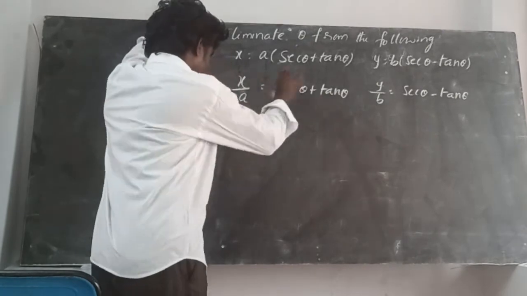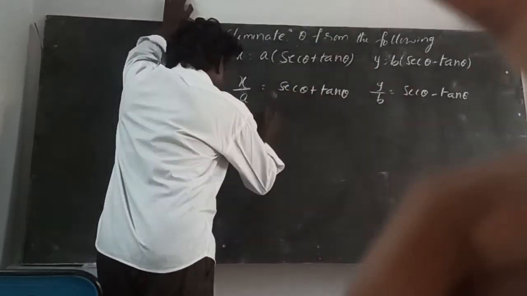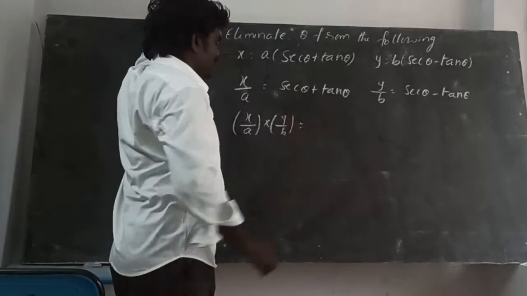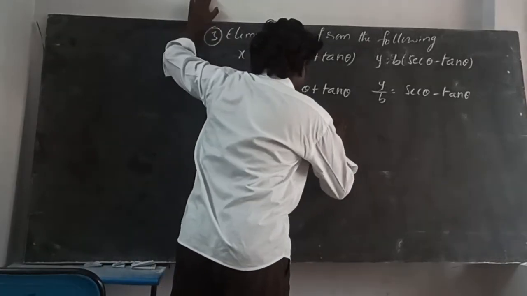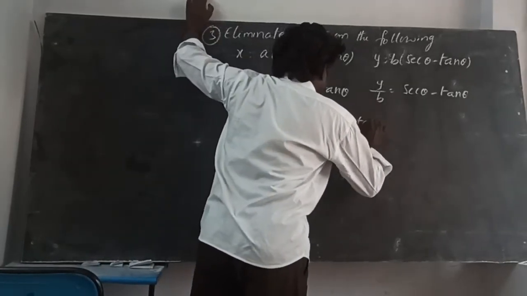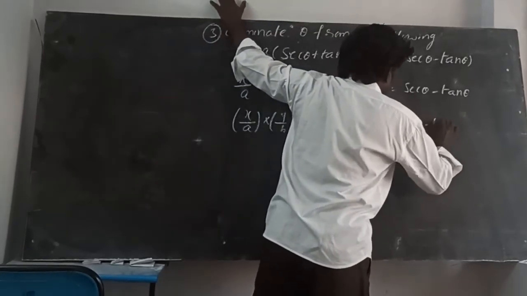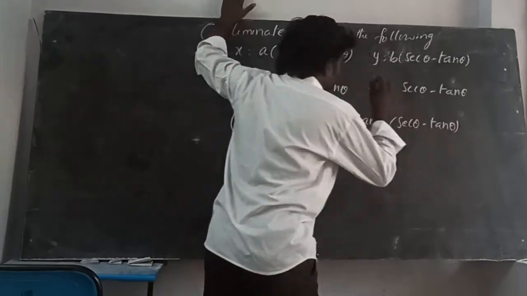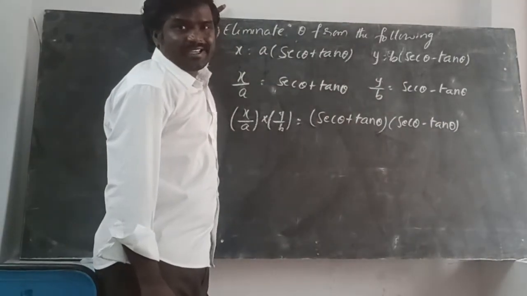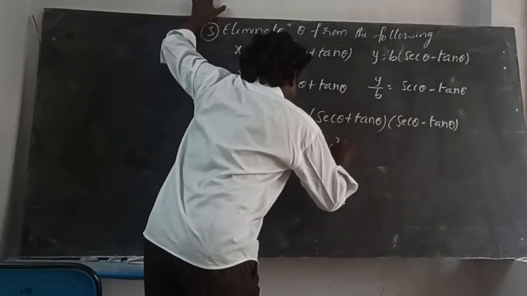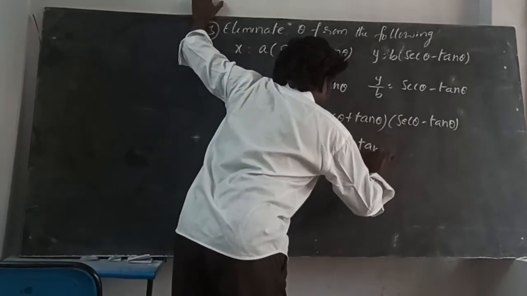We can multiply these two equations: x by a into y by b is equal to secant theta plus tan theta into secant theta minus tan theta. A plus b into a minus b is equal to a square minus b square. So we get secant square theta minus tan square theta.